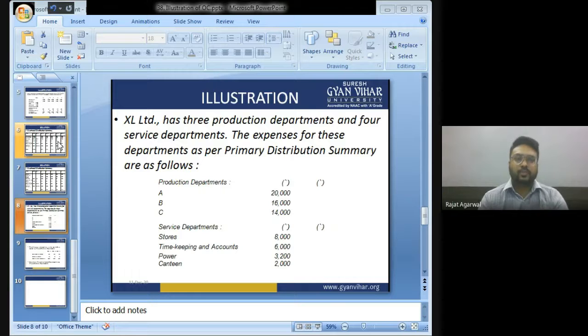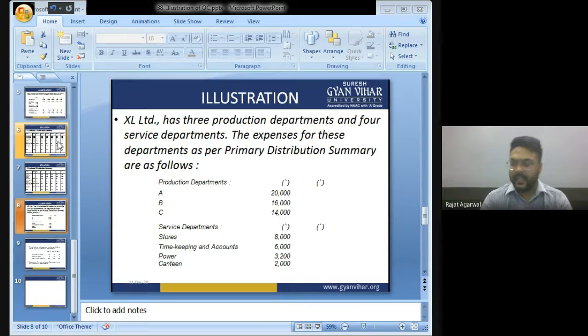Now let us do another illustration. XY Limited has three production departments and four service departments. The expenses of these departments as per primary distribution summary are as follows.